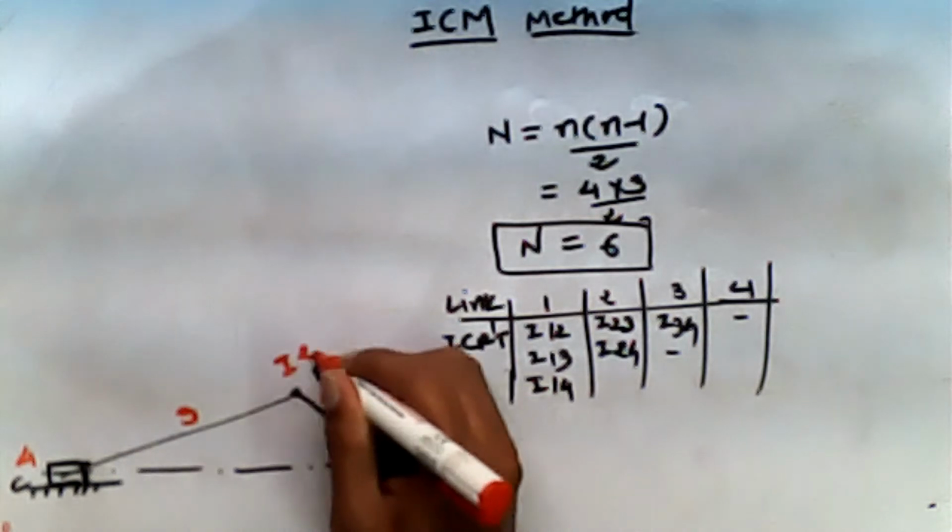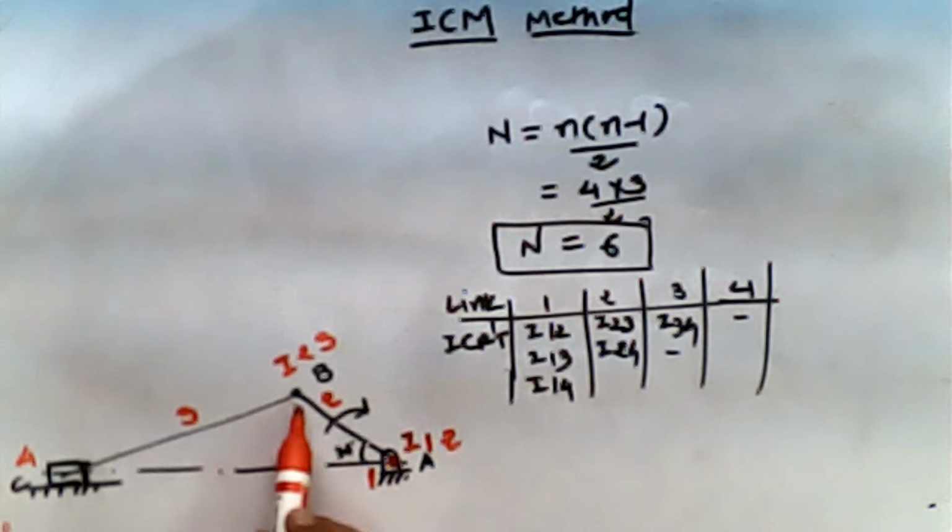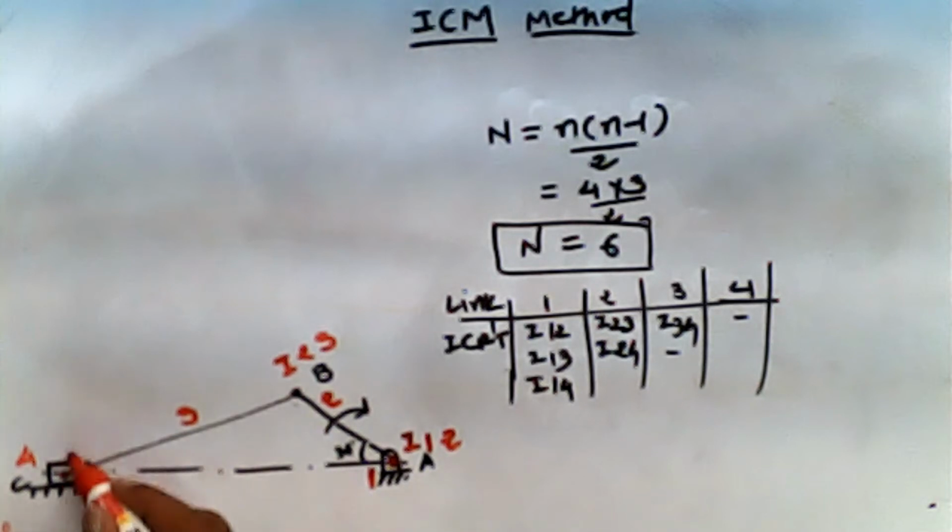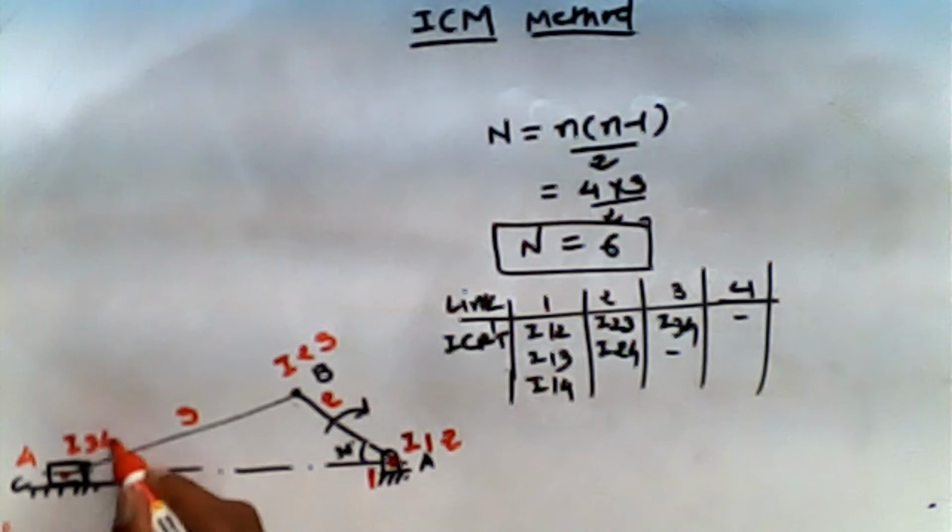This is I23. This instantaneous center is your permanent instantaneous center. Correct. If I consider link number 3 and link number 4, this will be I34. Correct. Link number 3 and the slider, the joint will be your I34.